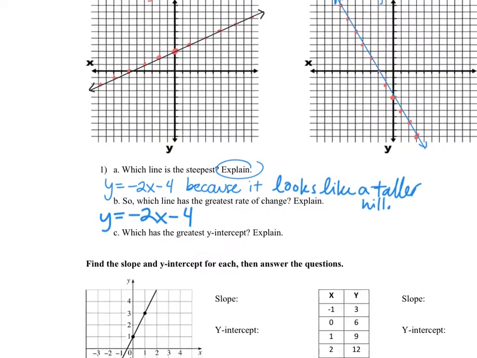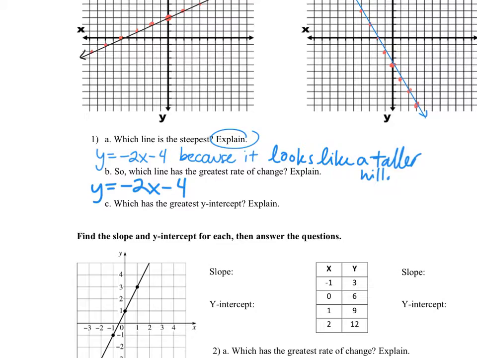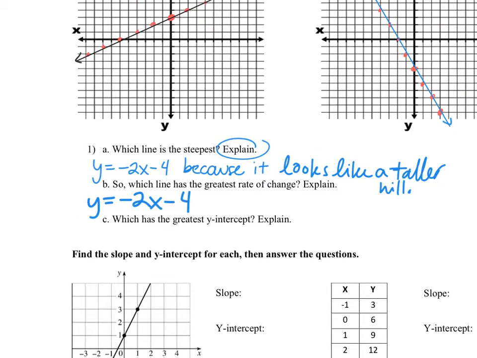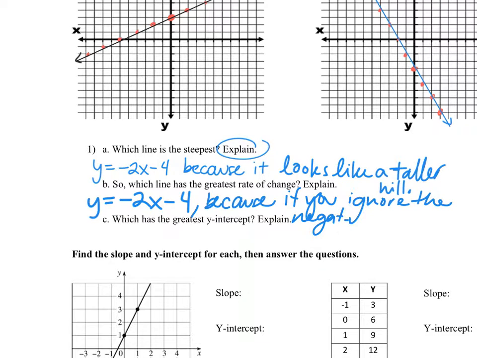Say that this one has a greater rate of change, y equals -2x minus 4, because if you ignore the negative, 2 is the biggest slope.